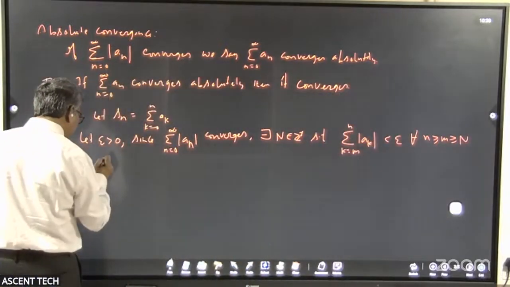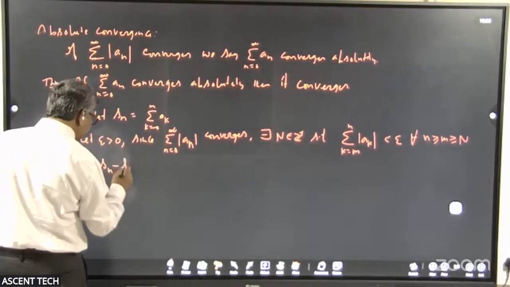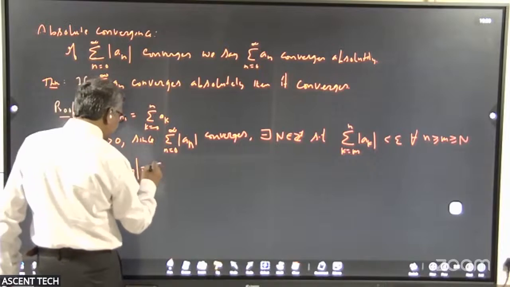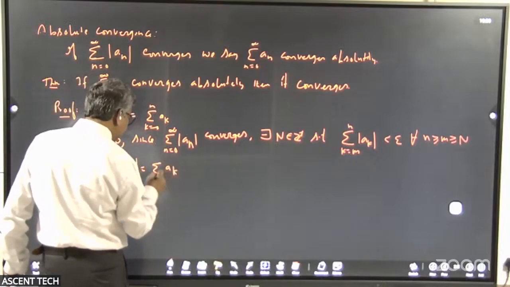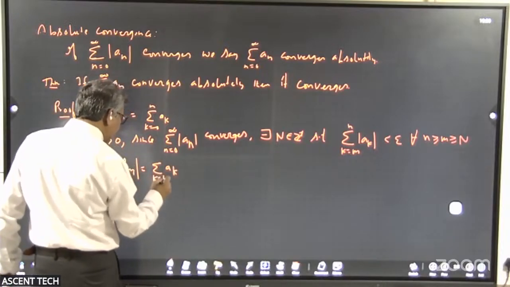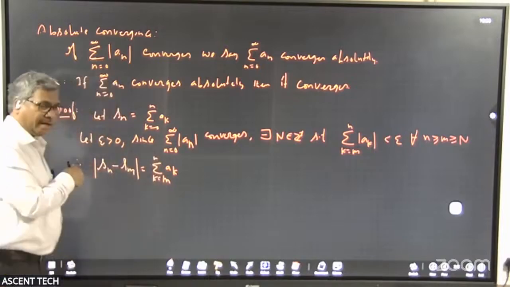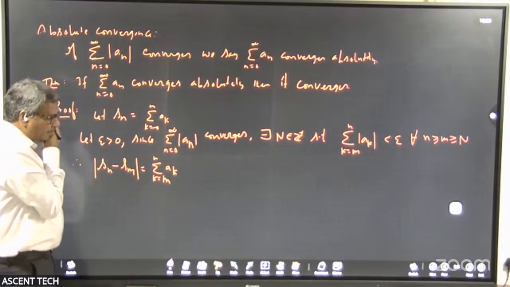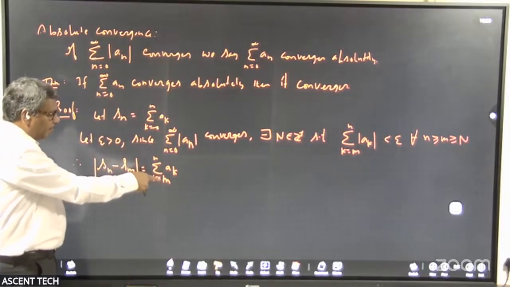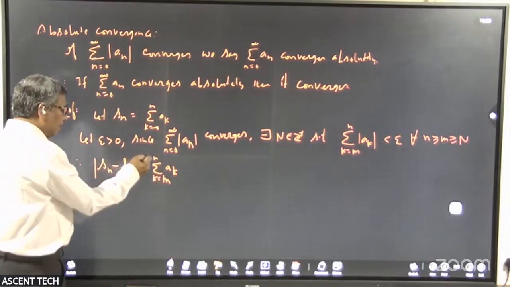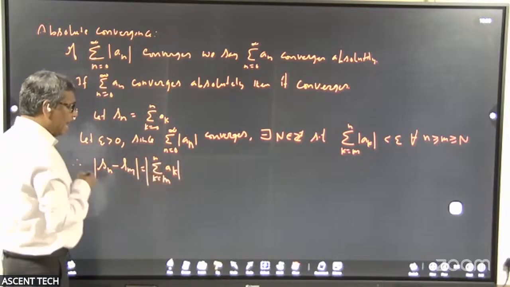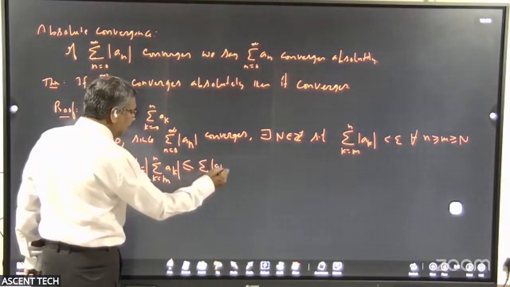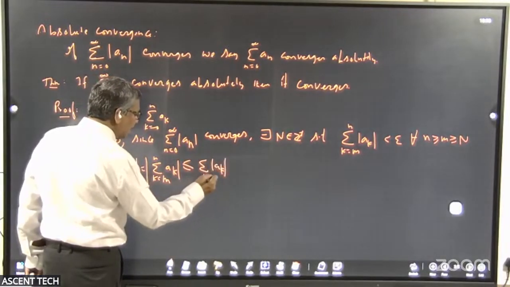Therefore, if you look at S_n minus S_{m-1}, which is really sigma a_k, k equal to m to n, this is the usual partial sum. You look at the modulus of that, and that is less than or equal to sigma mod a_k, k equal to m to n.